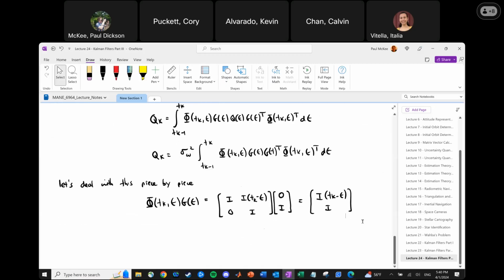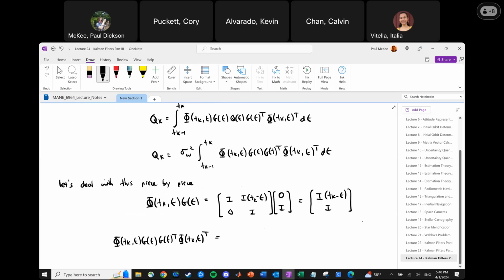So if we multiply this by itself, we can say, okay, phi tk to epsilon, g of epsilon, g of epsilon transpose, phi tk epsilon transpose is just this multiplied by itself transposed.